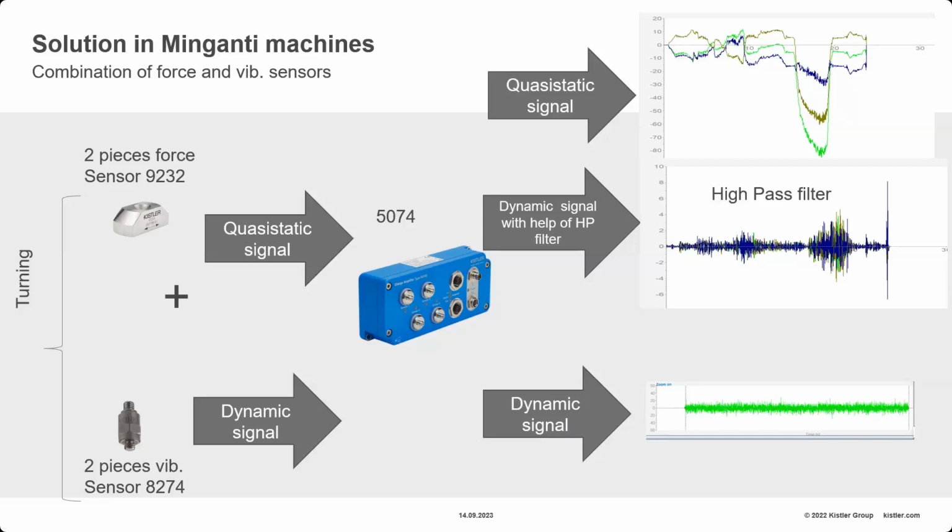So by using exactly the same system, the machine will stop directly when it realizes that there is a small crash, or touch. So this is a standard solution now in Miganti machines.